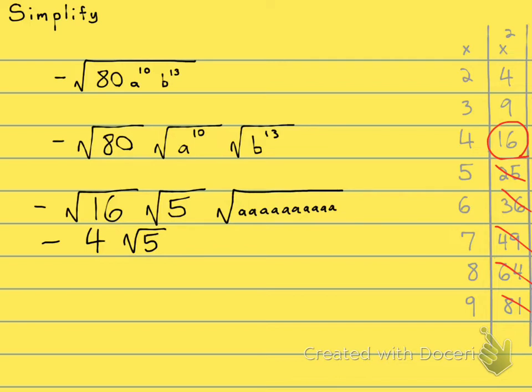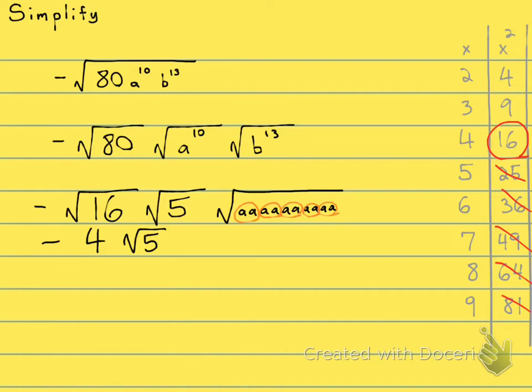Okay, 10 a's under the radical. Since it is a square root, I need a group of 2 inside to give me 1 outside. So how many groups of 2 do I have? 1, 2, 3, 4, 5. Okay, 5 groups of a inside is going to give me 5 a's outside.